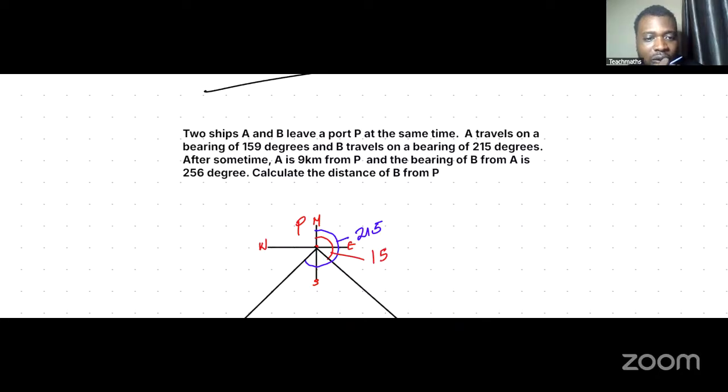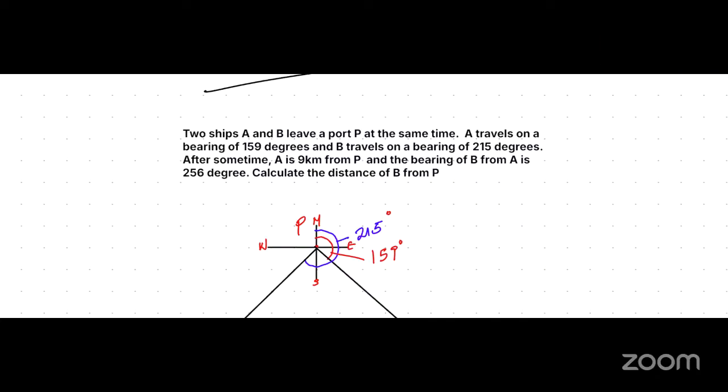Okay, let's continue. After some time, A is 9 kilometers from P. So remember I said that A is somewhere on this first line. This is not done by construction, so we're just going to assume that this is point A, and that's 9 kilometers.